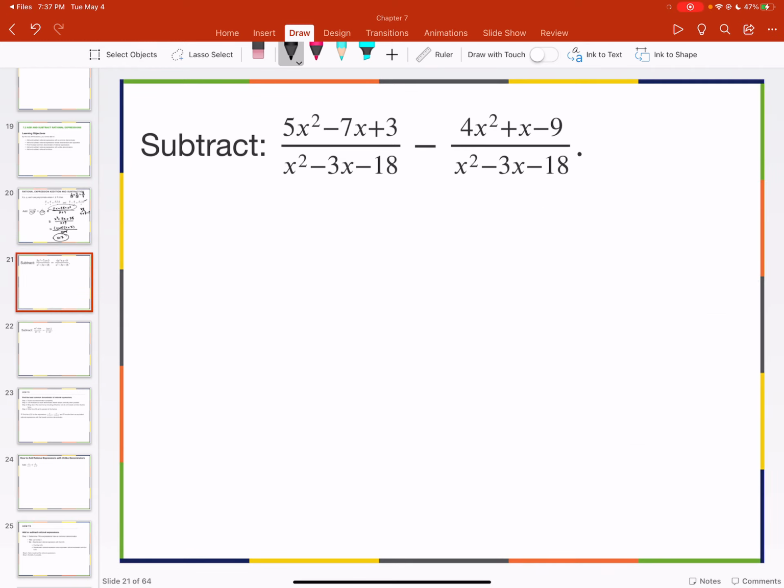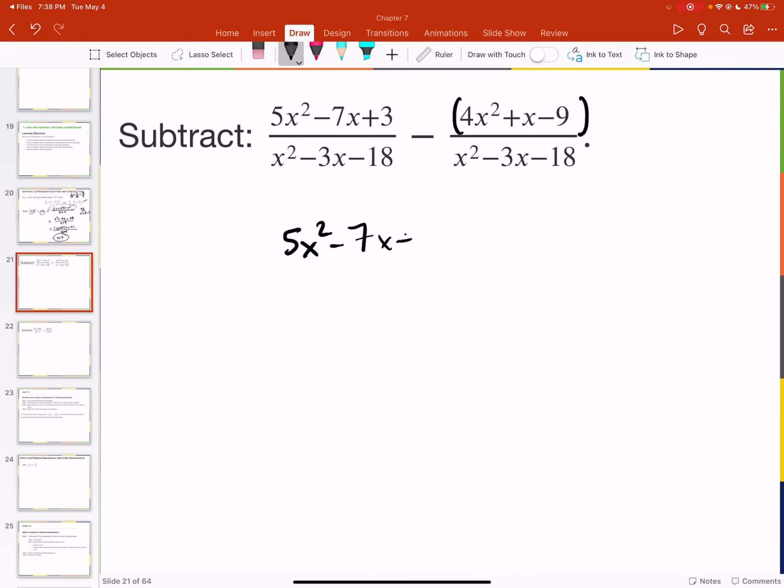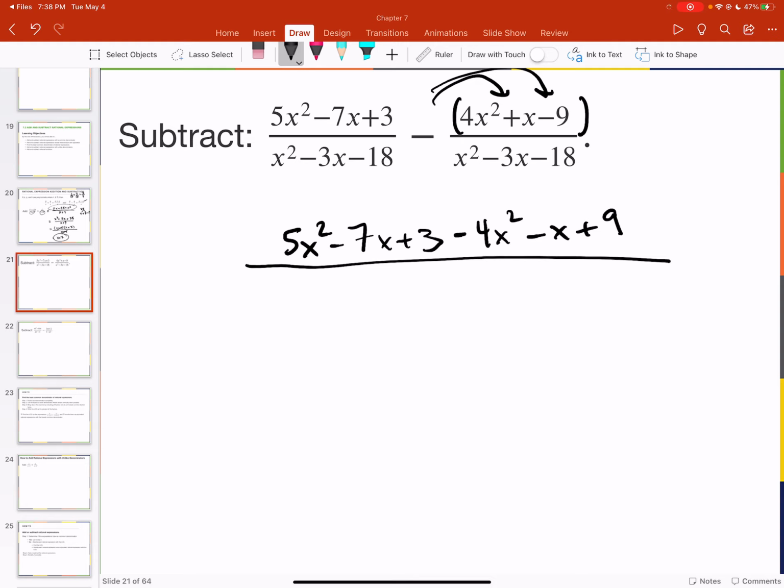Okay, let's do one where we subtract. So you're subtracting the entire numerator. That means you're going to have to distribute the negative. So we have here (5x² - 7x + 3) minus (4x² - x + 9), and that's all over the common denominator, x² - 3x - 18.